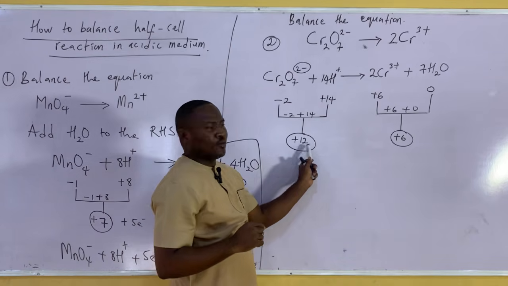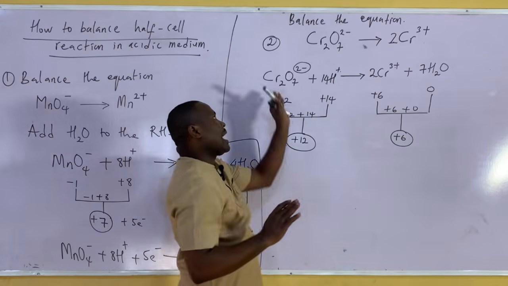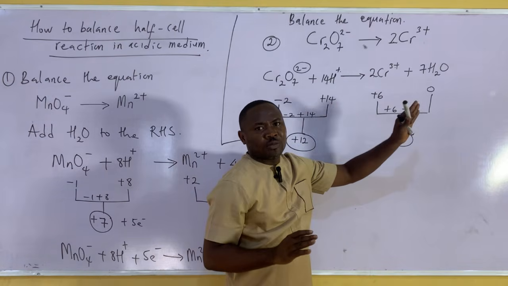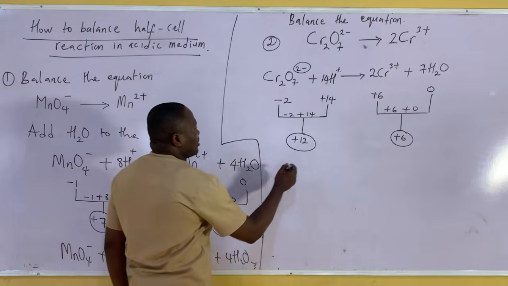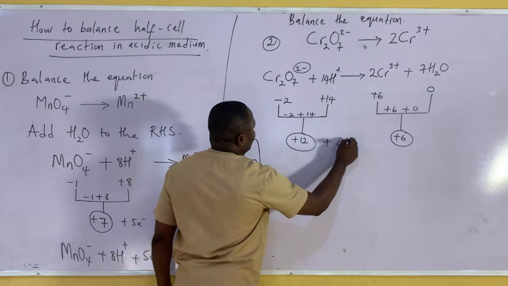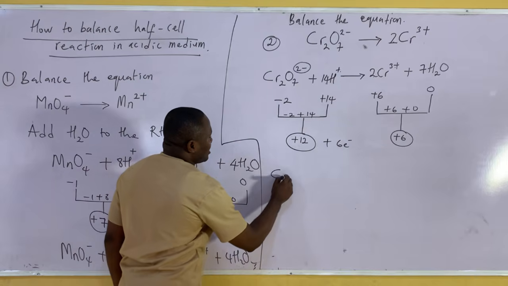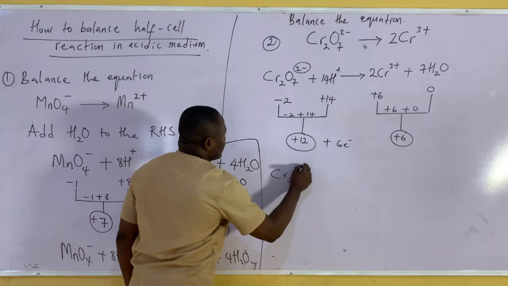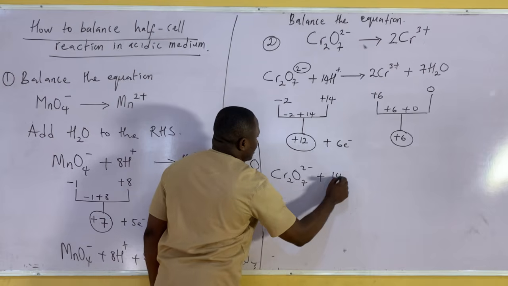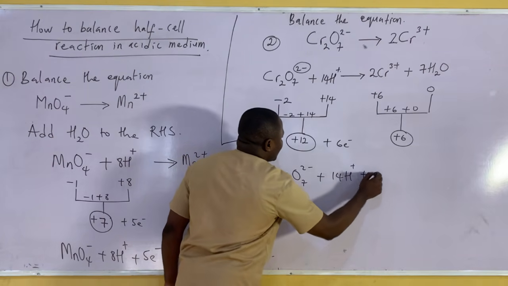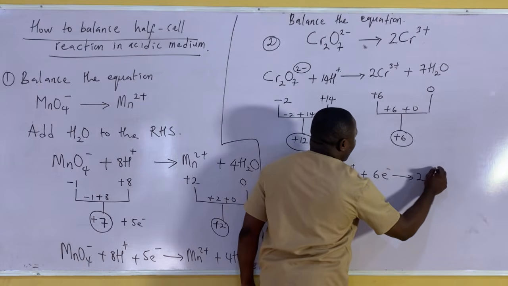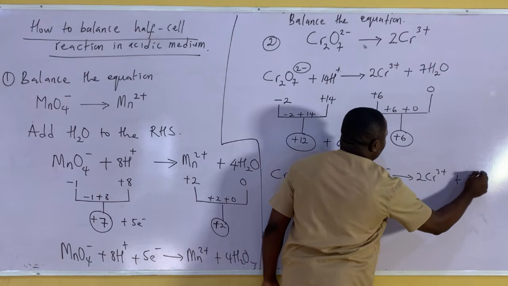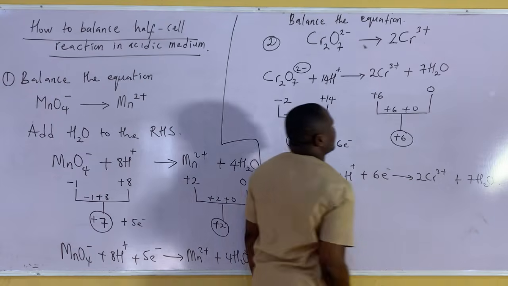So they are all balanced in their atoms and also in their charges. So that becomes Cr2O7 2- plus 14H+ plus 6e- to give us 2Cr3+ plus 7H2O. That means the equation is balanced.